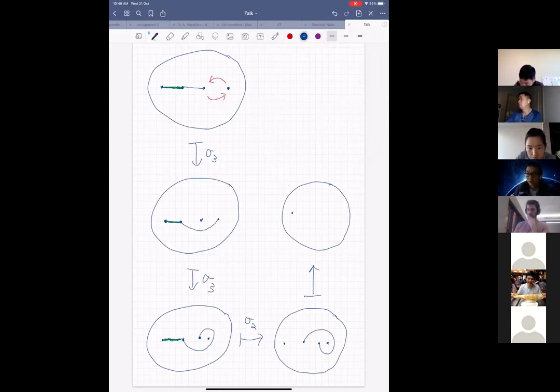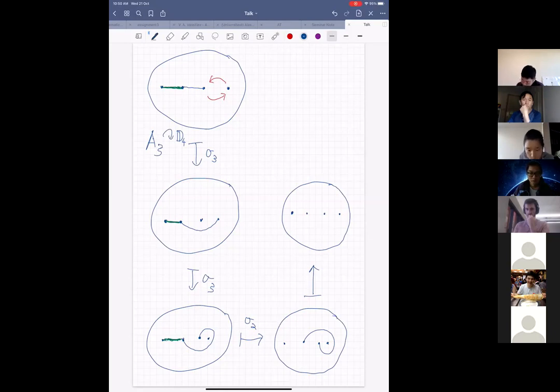So sigma 2 is the map changing the second and third. Yes, right. So this is like A3 acting on this D, maybe we'll call it D4 puncture. A3 acting on D4.